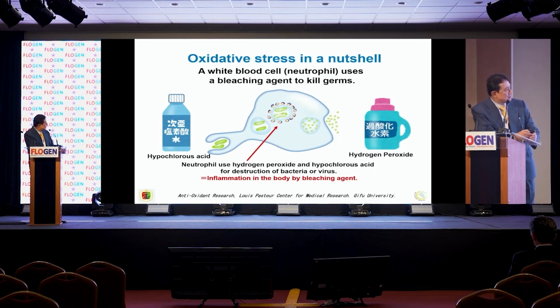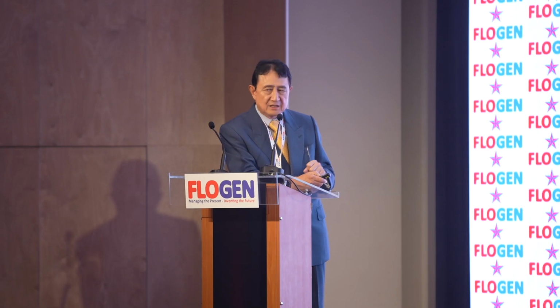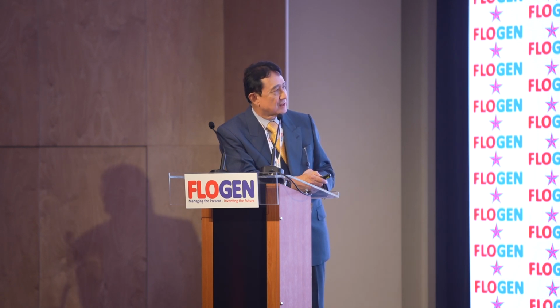For example, there is a white blood cell, the neutrophil, which finds bacteria or viruses and eats them by phagocytosis, but cannot destroy the bacteria alone. They use enzymes, hypochlorous acid, and hydrogen peroxide.